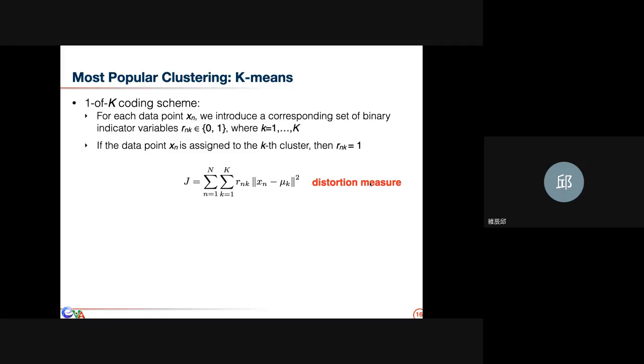So to find a solution for this distortion measure, we need to find a solution of the assignment, which is the r_nk, and also the cluster means mu k, to minimize such distortion measure.